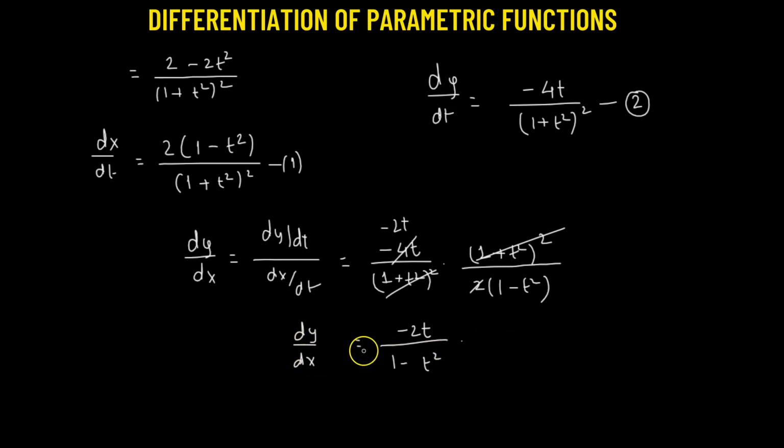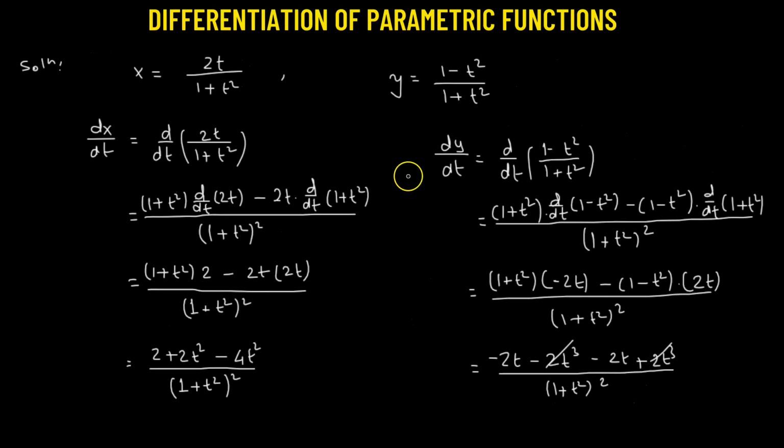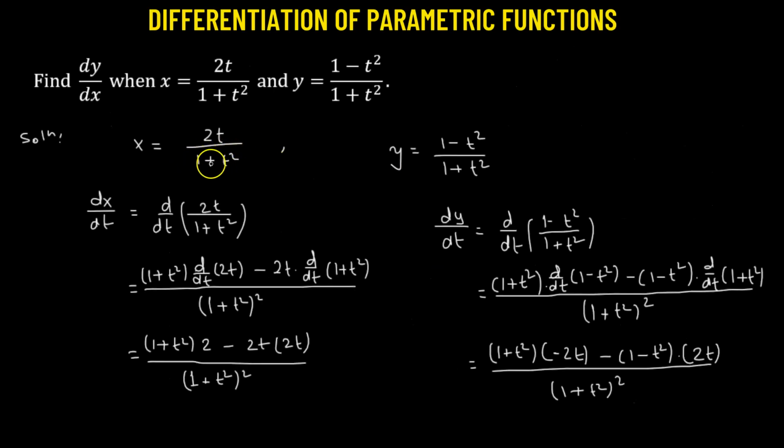So we have our derivative of y with respect to x in parametric form, but we can also get rid of the parameter t by using the values of y and x. Here we have x equal to 2t over 1 plus t squared and y equal to 1 minus t squared over 1 plus t squared.